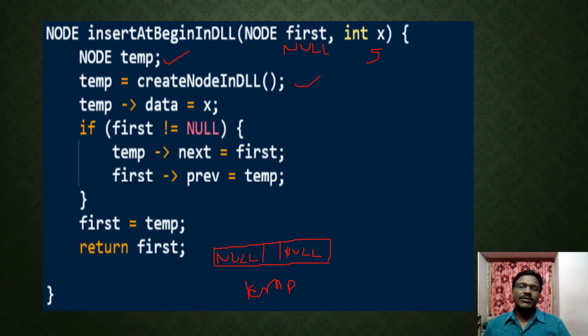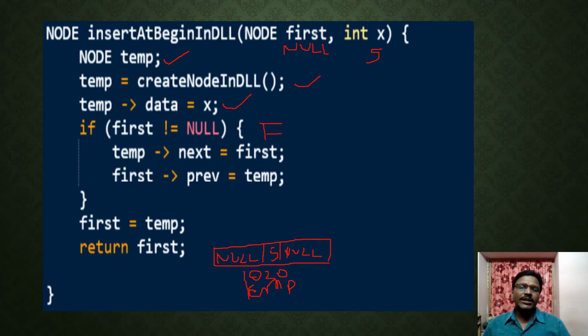Then temp data equal to x. This is the temp, this is the temp data. In this temp data, store the value. The temp is representing, for example, 1020. This is the address of the temp. Then, if first not equal to null: first is representing null, so the if condition is false.